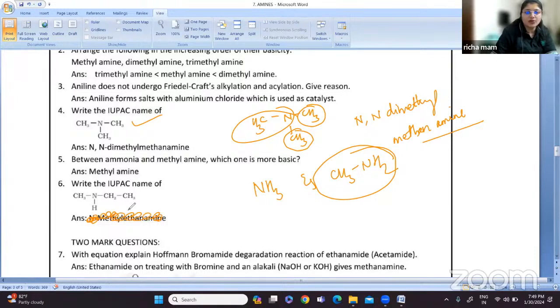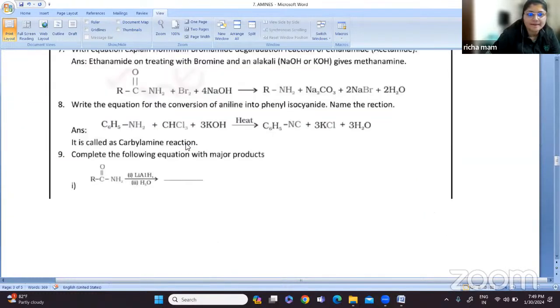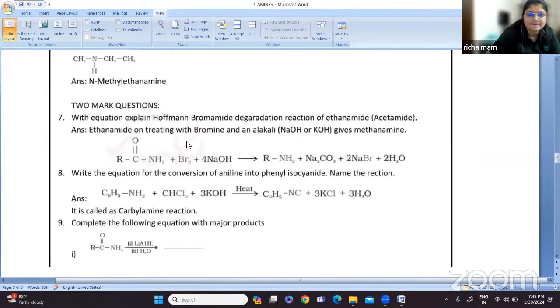At N position you have a methyl group, and the main chain is ethane with amine as the suffix. So it is N-methyl ethane amine. Is it clear? Any doubts still here, students?